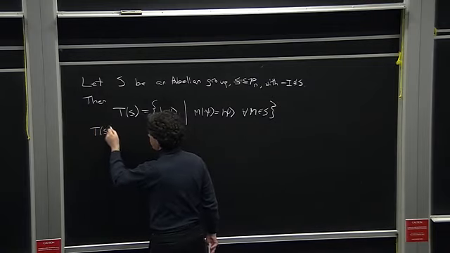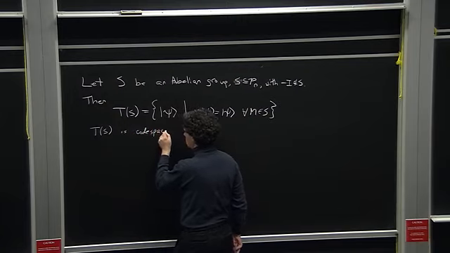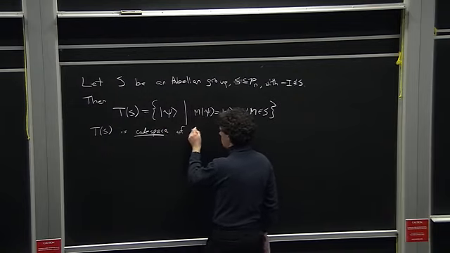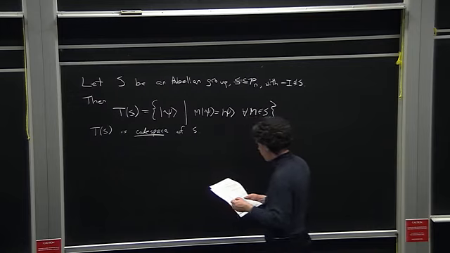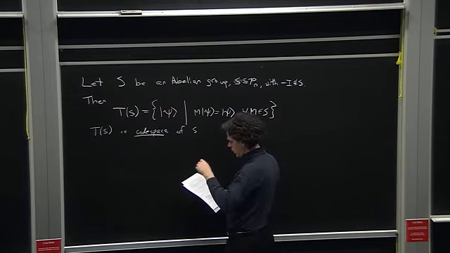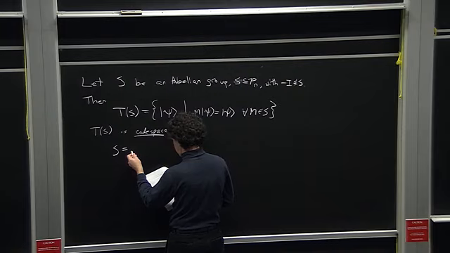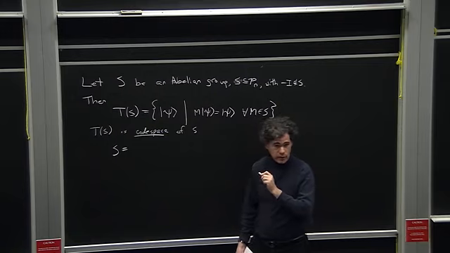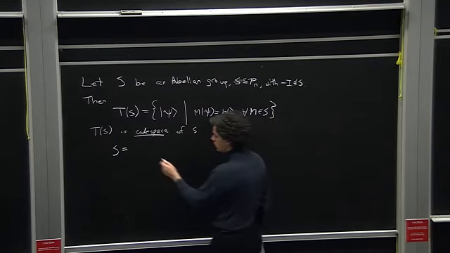So in this case, T of S is called the code space of S. And so one thing you can see is that if you start with a stabilizer and you take its code space, and then you take the stabilizer of the code space, you just get back to where you started.